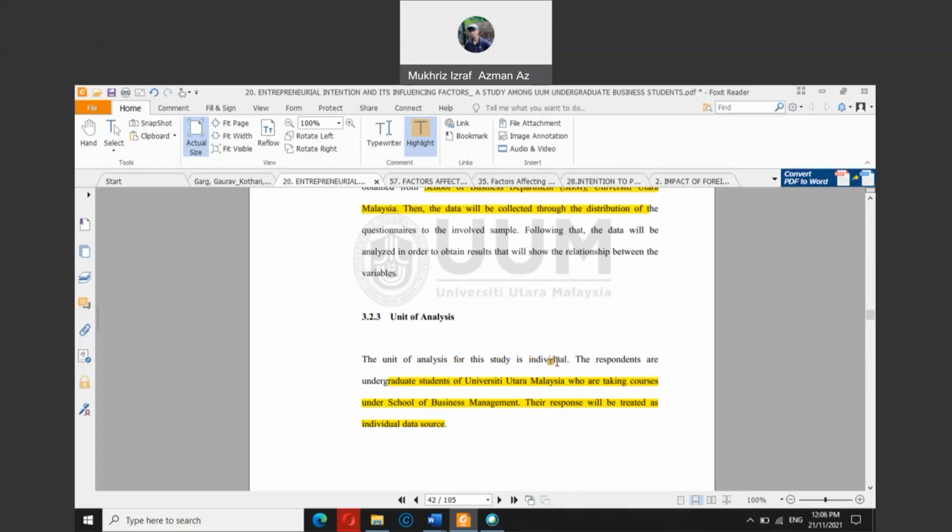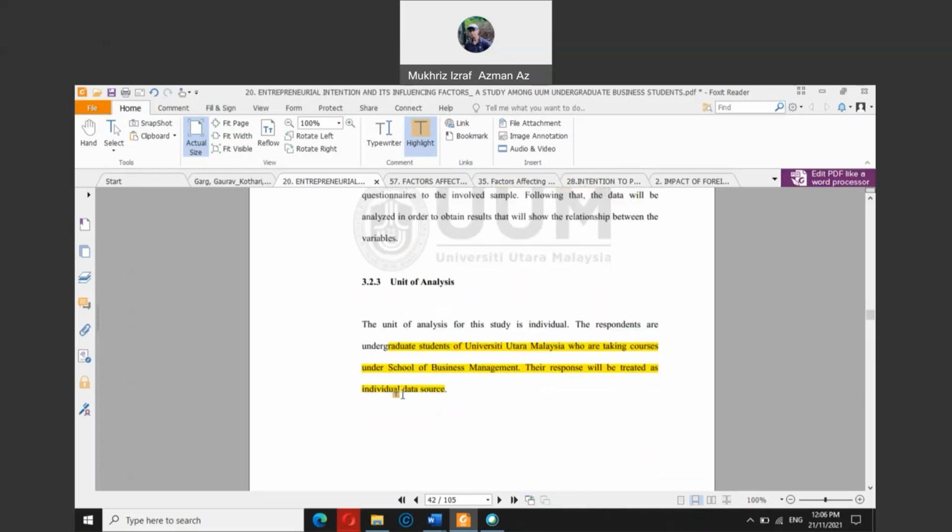So again, for this particular thesis, the respondents are undergraduates of UUM who are taking courses under SCFB. If you are focusing on SCFB students, their response will be treated as an individual data source, meaning one student is one respondent.